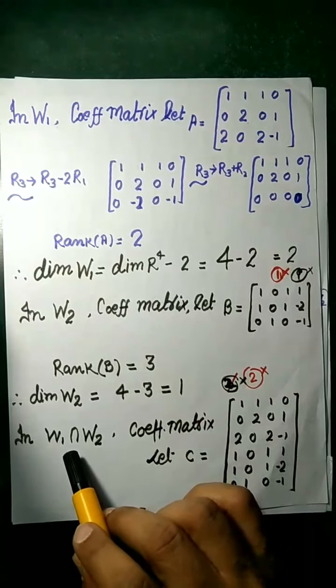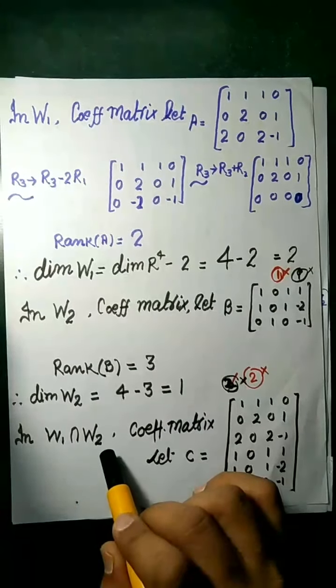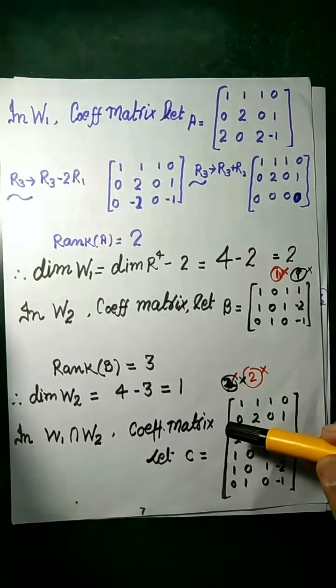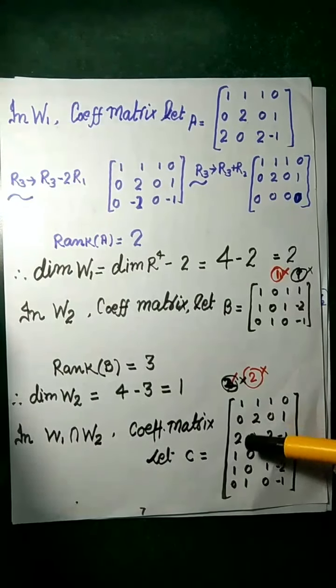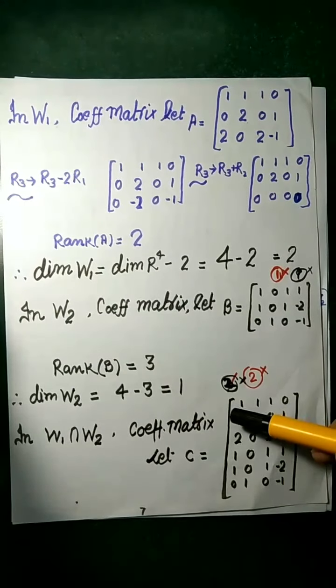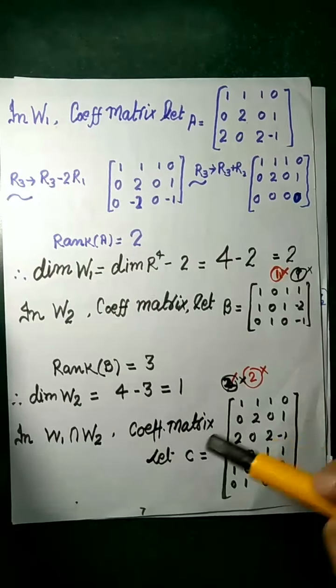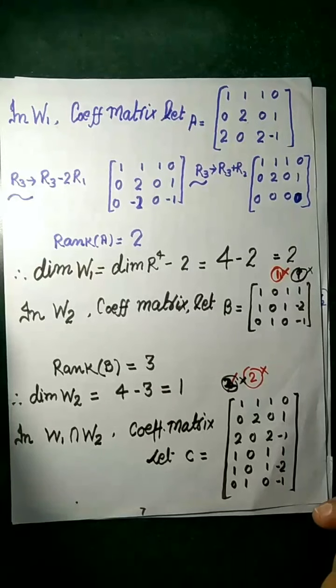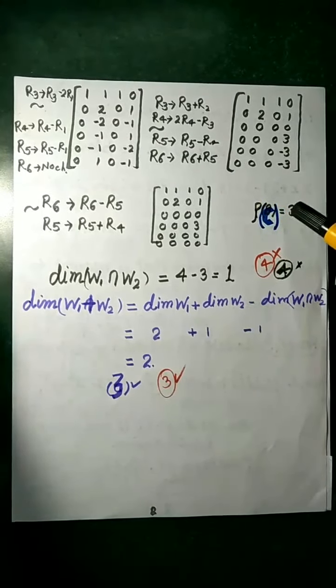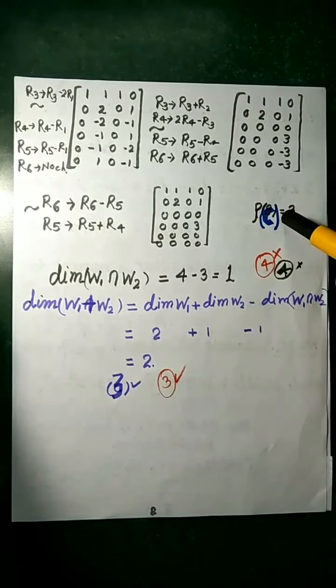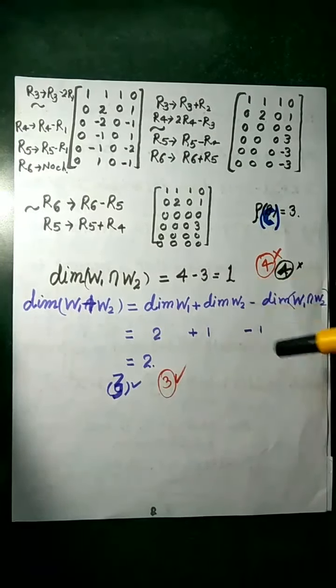So we will obtain the dimension of W1 intersection W2. Let us take the matrix C equal to this coefficient matrix of W1 intersection W2. After a simple calculation, we will obtain that the rank of the coefficient matrix of W1 intersection W2 is 3.